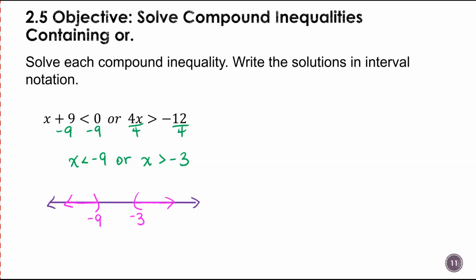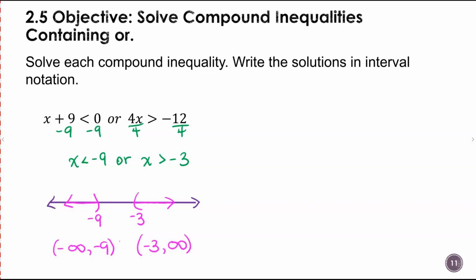And then we want to write that in interval notation. So this is another one of those that is going to be using the union, right? So -infinity to -9, union -3 to infinity.